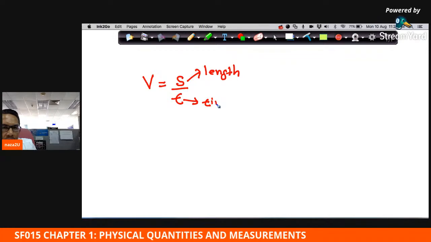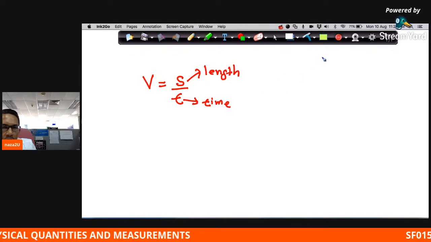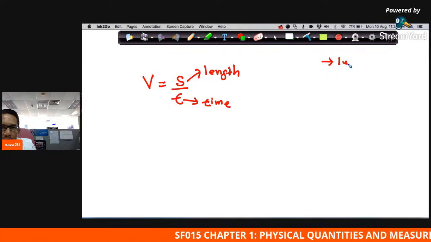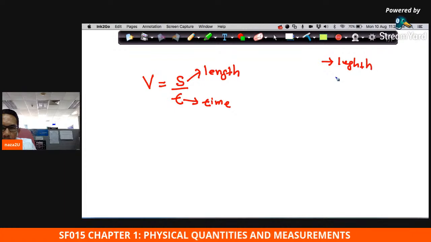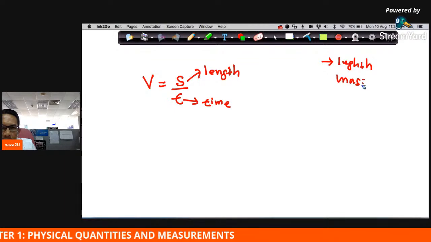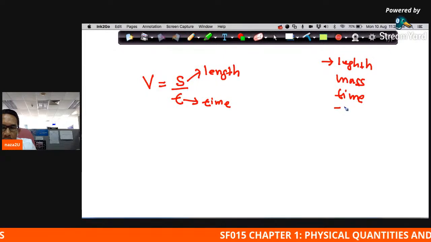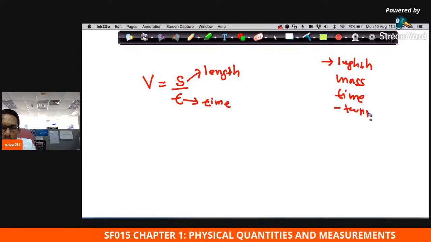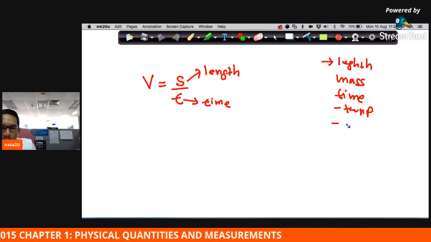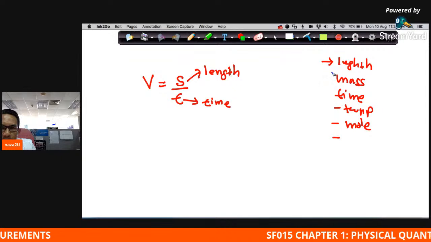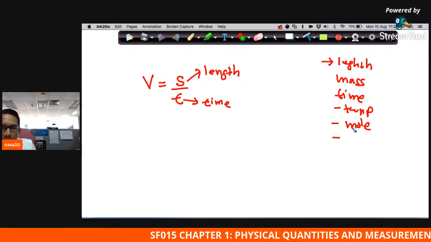This is basic quantity. As discussed earlier, we have a length, we have a mass, we have the time t, we have a temperature, we have an amount of mole. We have length, mass, time, temperature, mole.